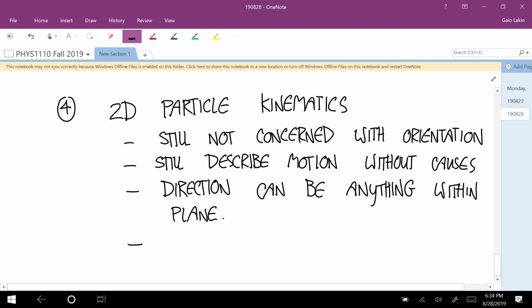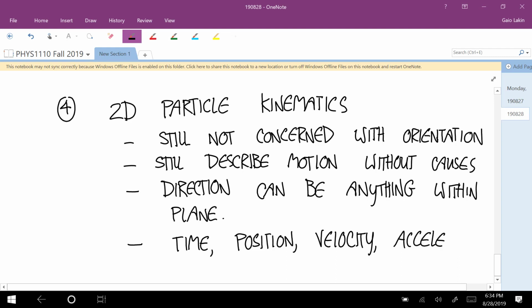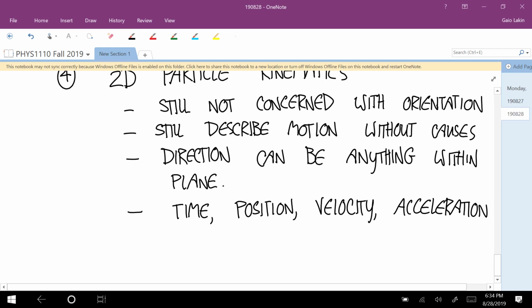And we're still dealing with relationships between time, position, velocity, and acceleration. What's different now is that these three, position, velocity, and acceleration, are going to be represented by vectors.